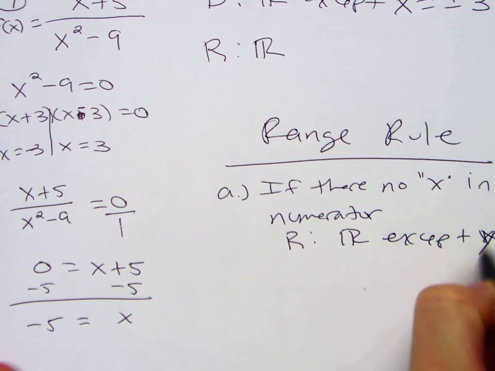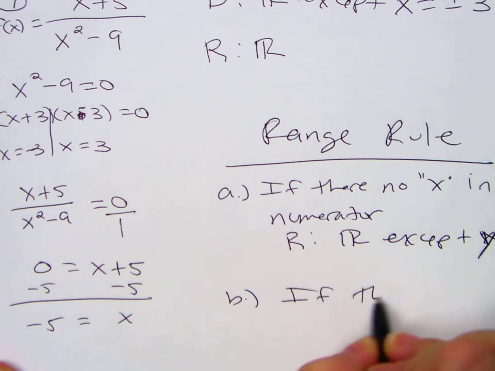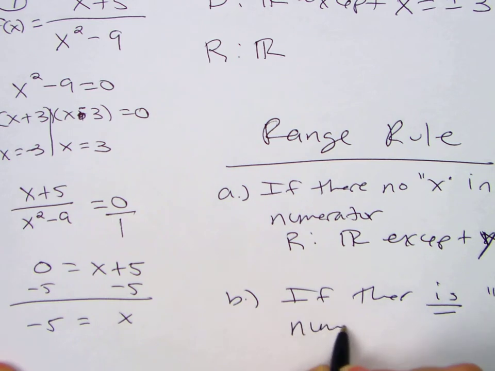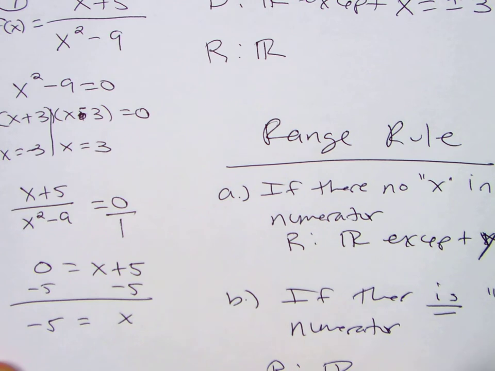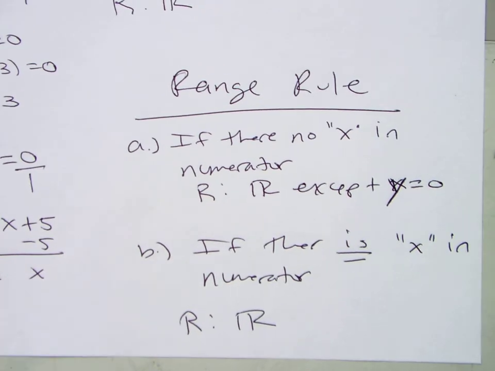Sorry, this is supposed to be a y. If there is an x in the numerator, the range is all real numbers. Okay, so that's your general rule if you want notes to try to remember. I'd prefer you understanding it, but I don't judge.